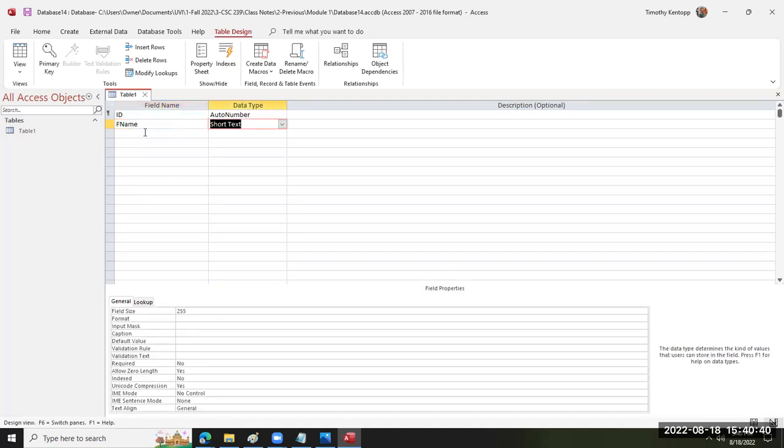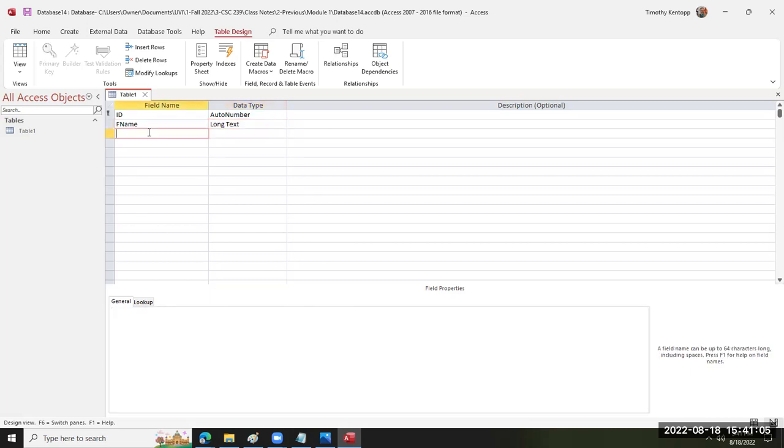And automatically Access, as a database application or relational database management system, sees the word name in the label for that field, that variable name, and it says, oh, this must be alphanumeric or text-based information. So it assumes that I'm dealing with text.